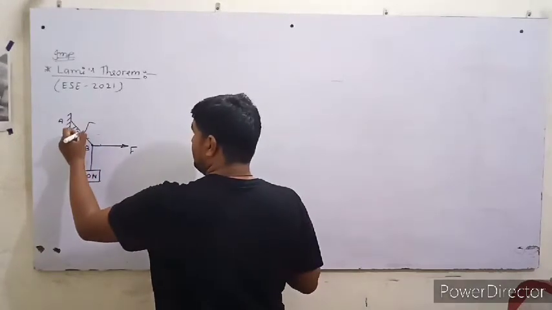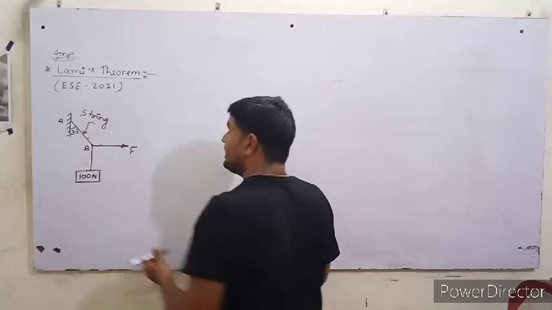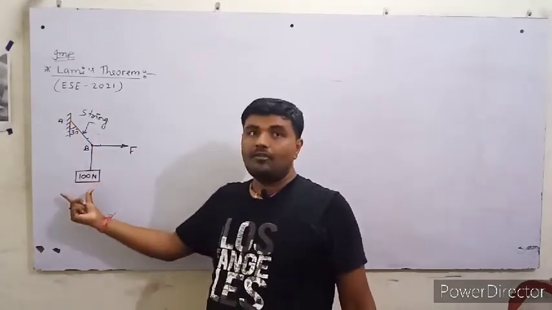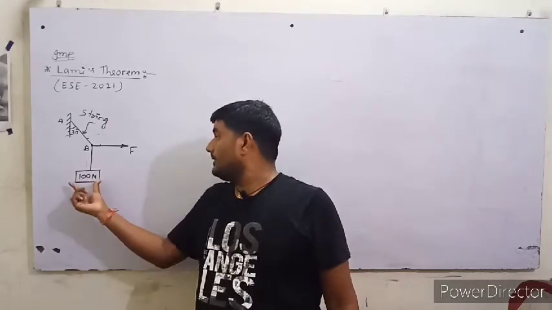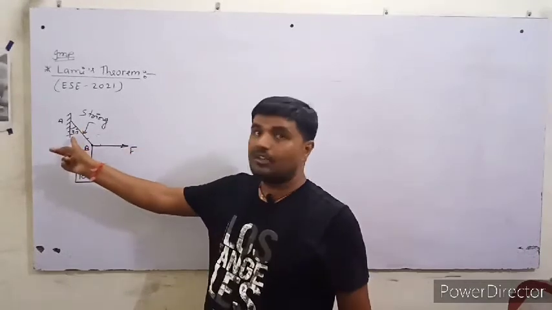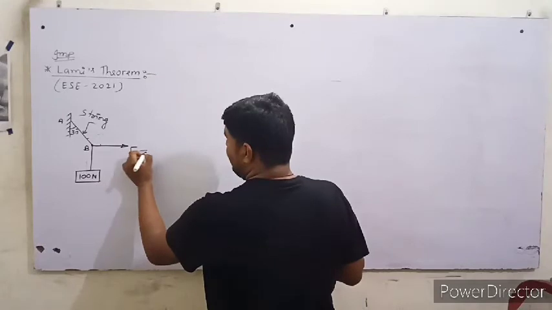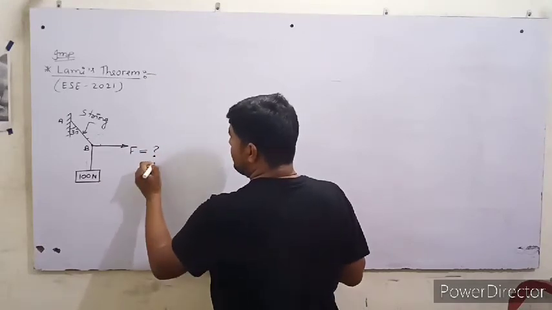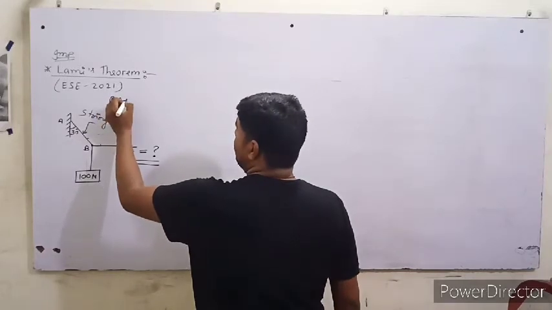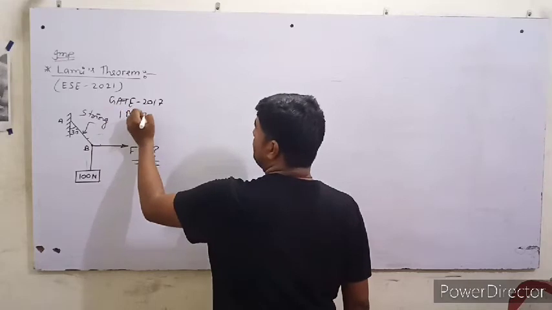Suppose this is a string which is connected at point A. A weight of 100 Newton is acting in the vertical downward direction, and the inclination of this string with the vertical is 30 degrees. And he asked, what is the magnitude of force F? This was the GATE 2017 problem, a 1 mark problem.